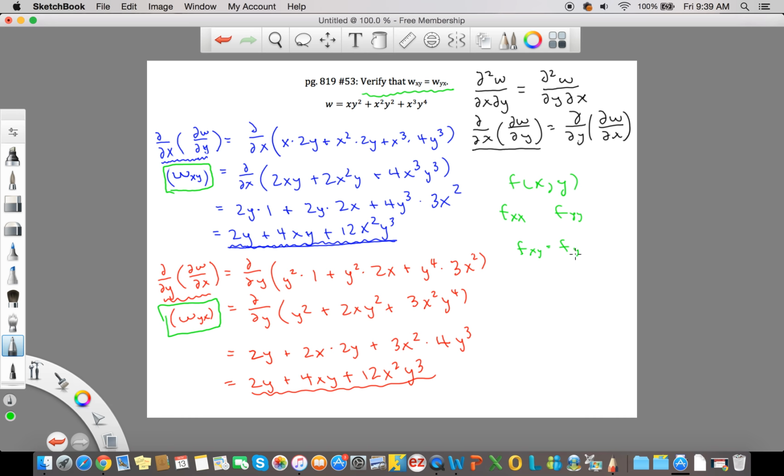And that's the same thing as f sub yx. So essentially you only have 3 second order partial derivatives, one of them being the mixed derivative, and since it's only a function of 2 variables, it's just going to have one mixed derivative, and these are going to be the same.